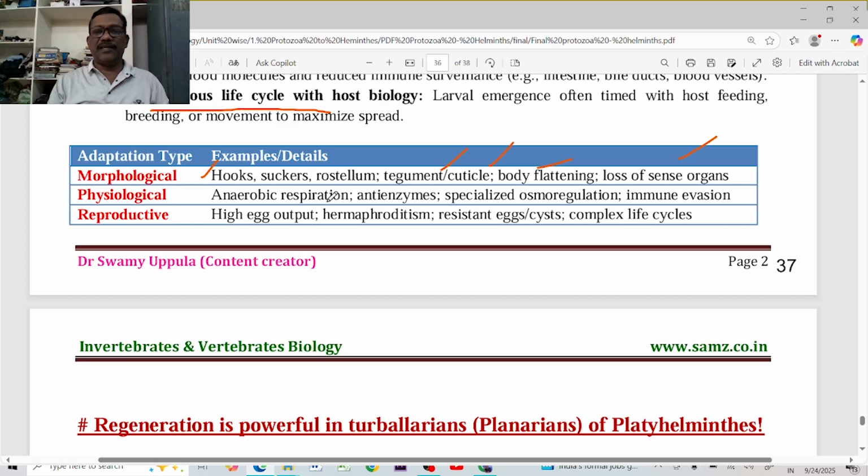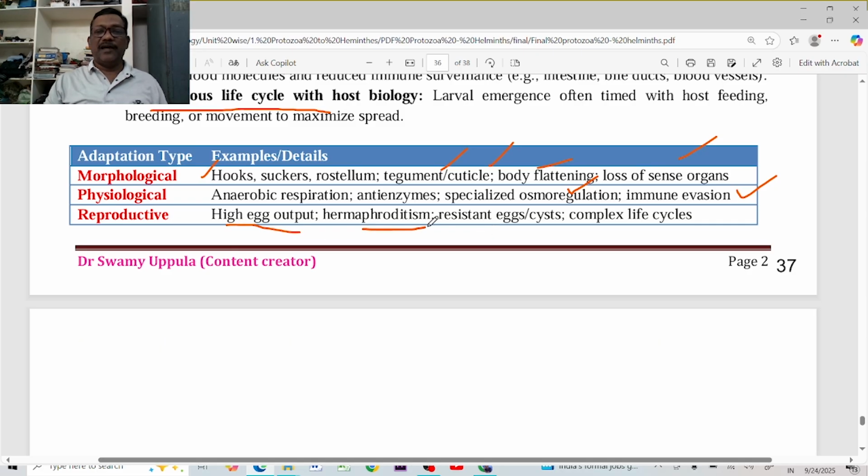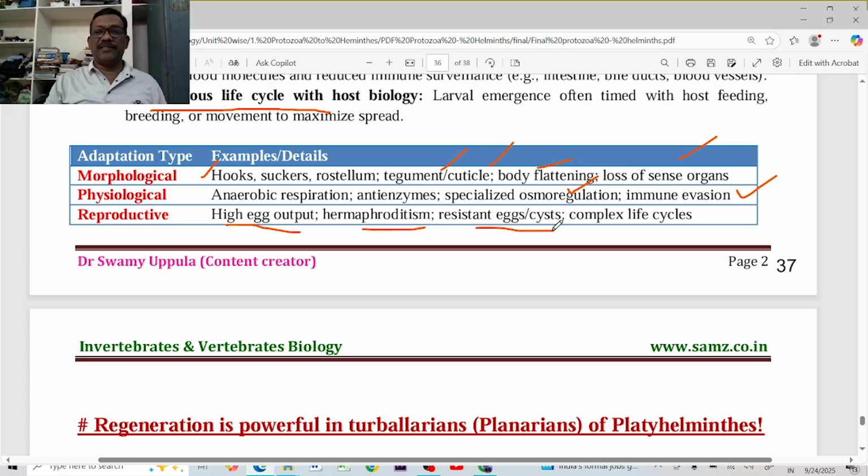Anti-enzymes are produced against the enzymes of the host body, and specialized osmotic regulation is developed in those organisms, the renal cells or protonephridia, and immune evasion. They can escape even from our immune system by immunomodulation or by frequently changing the antigenic properties. And high egg laying capacity, hermaphroditism, bisexual, resistant eggs.